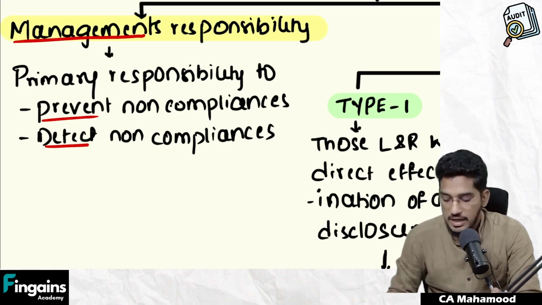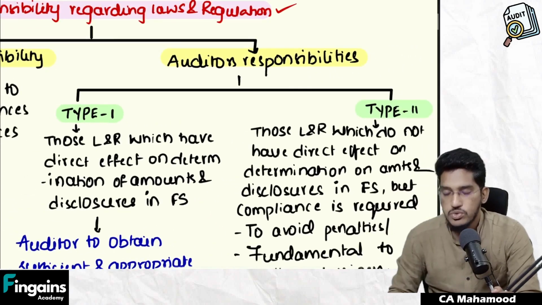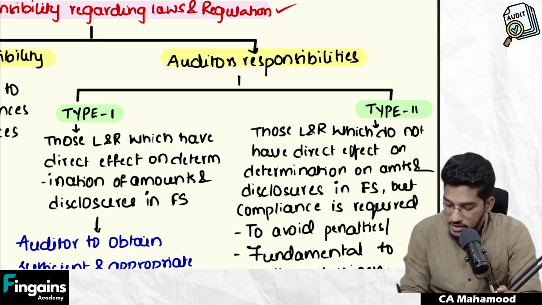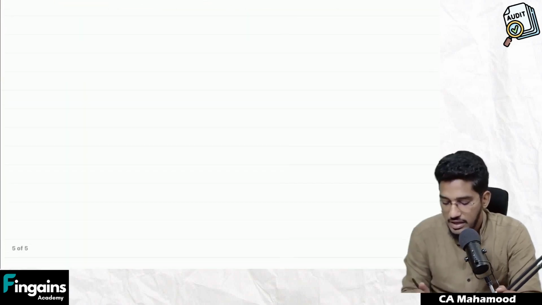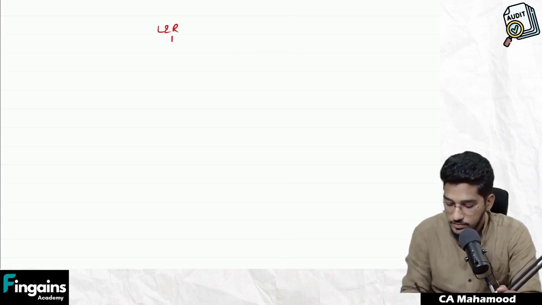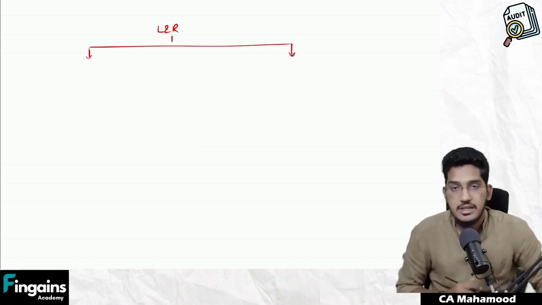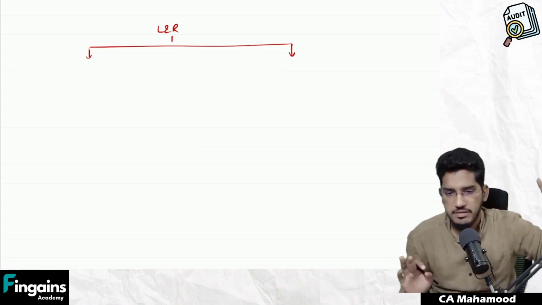The standard says that for the purpose of deciding what the auditor is supposed to do regarding laws and regulations applicable for the client company, this standard SA 250 divided the laws and regulations into two categories. Management responsibility we have understood.